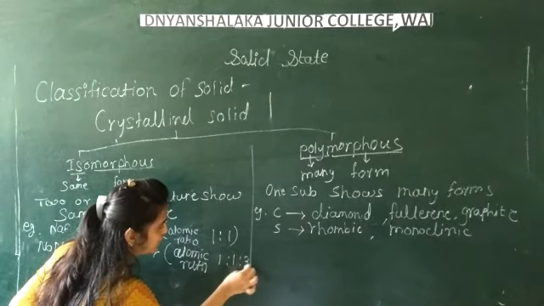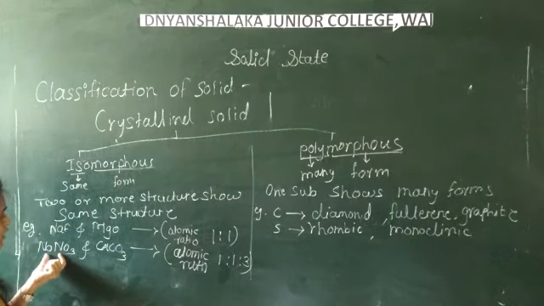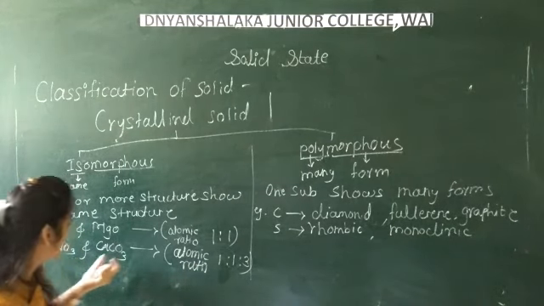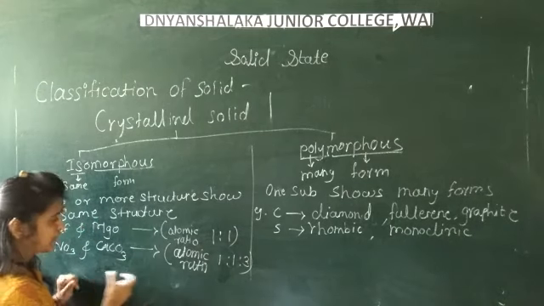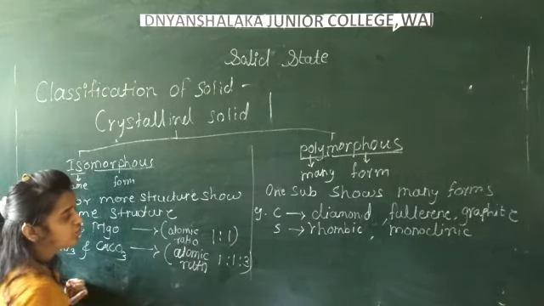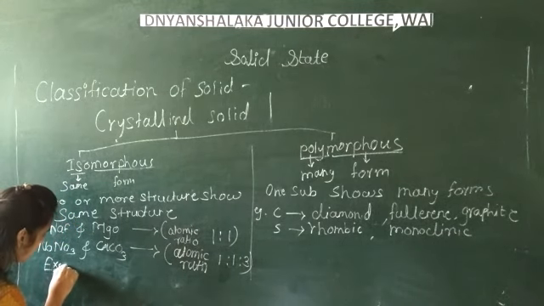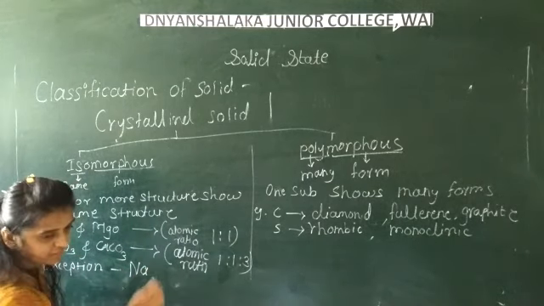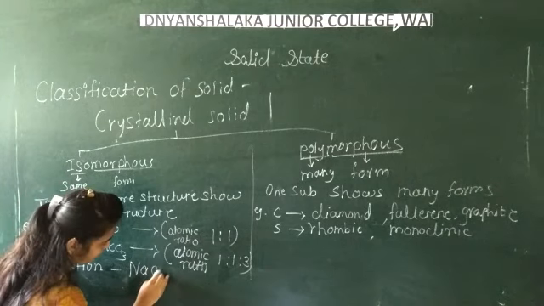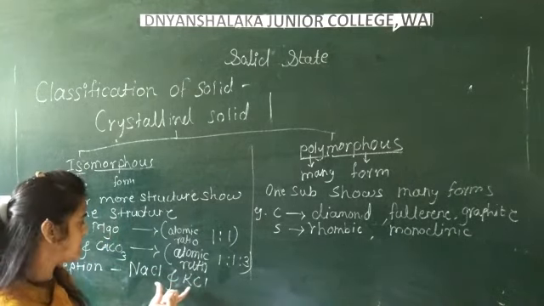NaNO3 and CaCO3 means the sodium and calcium ratio is 1, nitrogen and carbon ratio is 1, and oxygen is 3. So the ratio of this example is 1:1:3. But an exceptional case is sodium chloride and KCl.